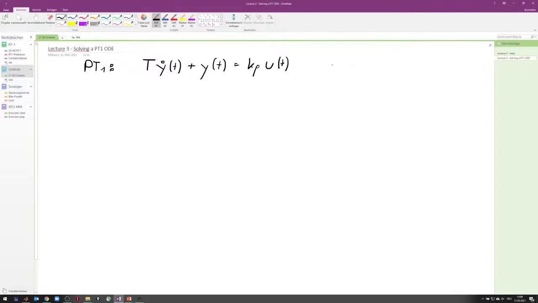So, okay, and now as an engineer, you want to know how y of t looks like for a given input, right? So here, your input can be arbitrary, but if you want to solve that, okay, there's a question why we are only looking at step functions as inputs.